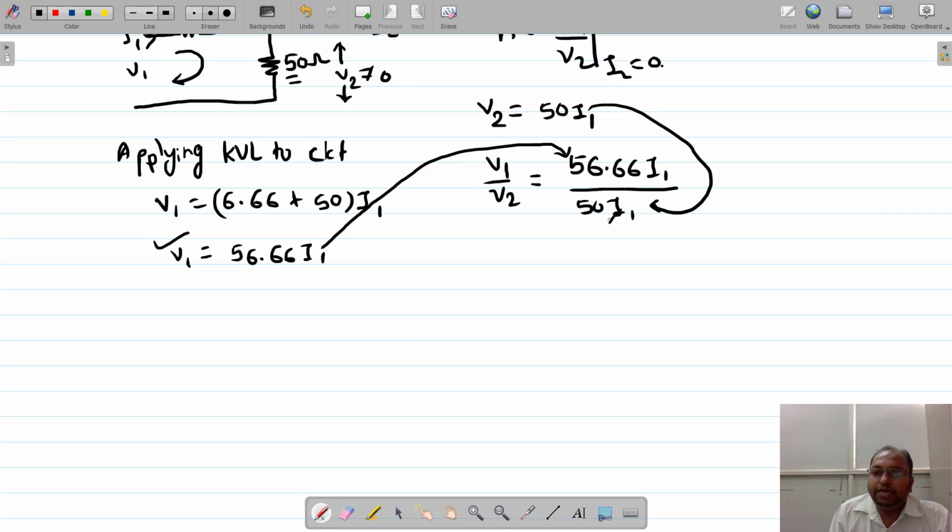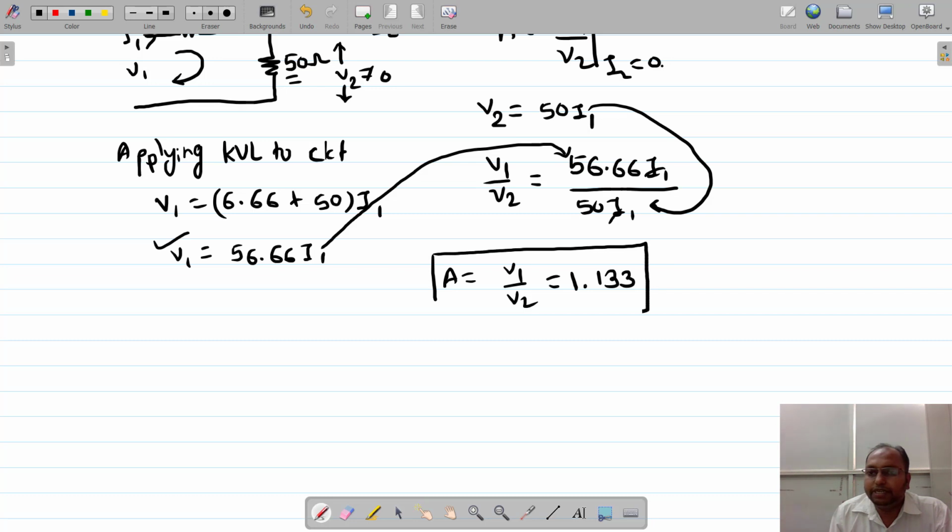I1 will get cancelled out, so let me calculate A. A is V1 divided by V2, which is 56.66 divided by 50, and it is coming as 1.133. As this is a voltage gain, it will not have any kind of unit.